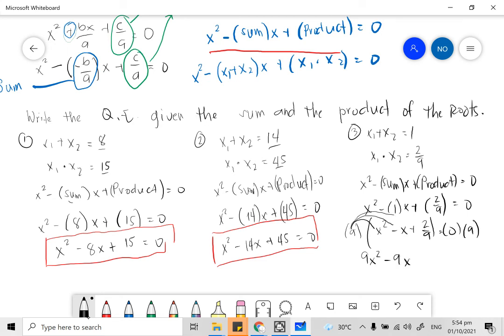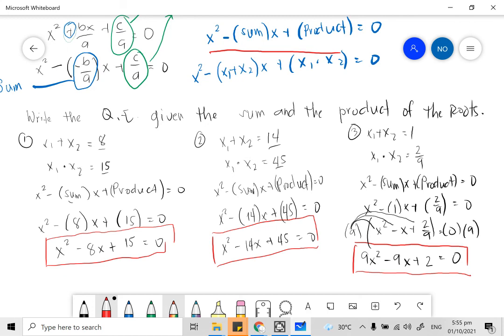And then 9 times 2 is 18 divided by 9 is 2. Equal to 0 times 9 is 0. Class, the quadratic equation given the sum of the roots 1 and the product of the roots 2 over 9 is 9x squared minus 9x plus 2 equal to 0.